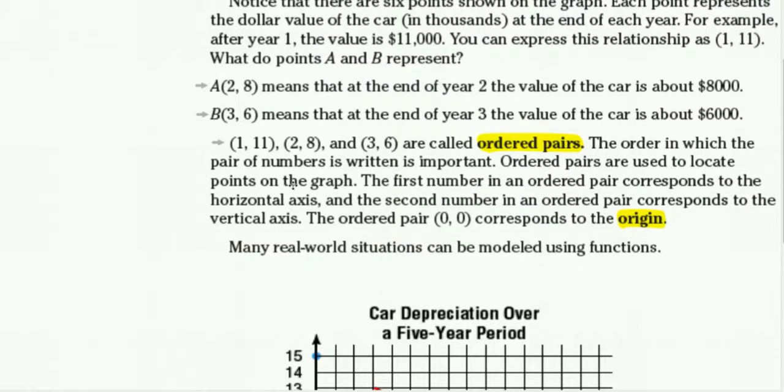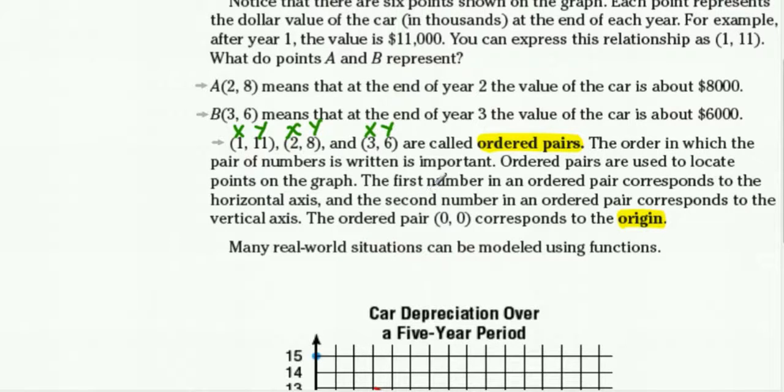The order in which a pair of numbers is written is important. It is always in the form of x and y. The reason they're called ordered pairs is because they're always in that order. Ordered pairs are used to locate points on the graph.